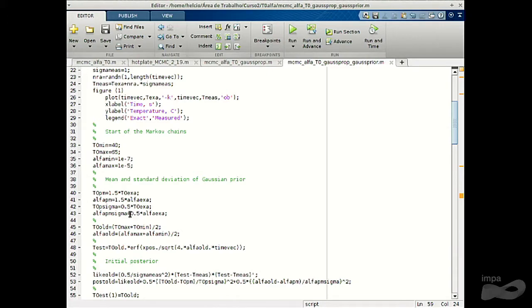Let's assume that we have great confidence in this value, which is totally wrong, okay? So instead of prescribing a standard deviation of 0.5, let's prescribe here 0.01, okay? And same thing for alpha, okay?